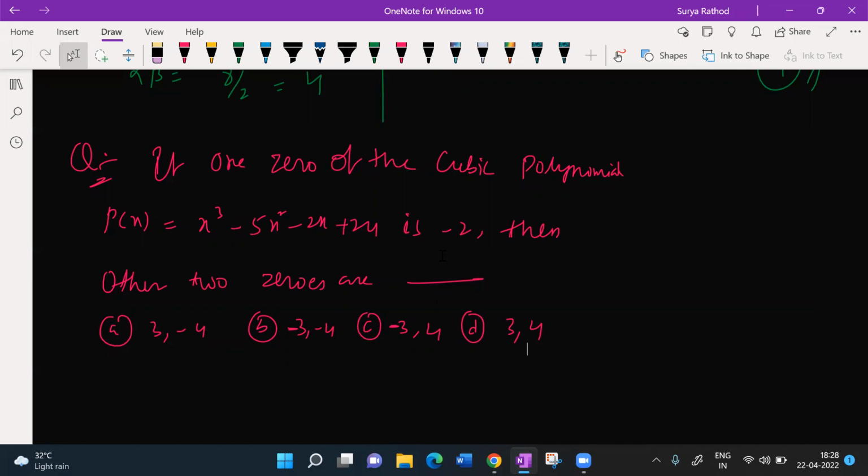So what is the last number of the equation? 24.